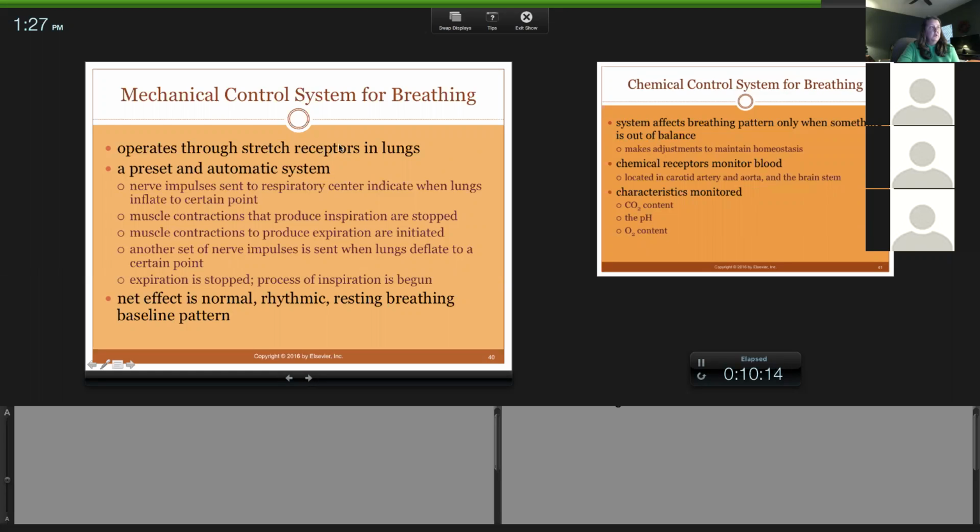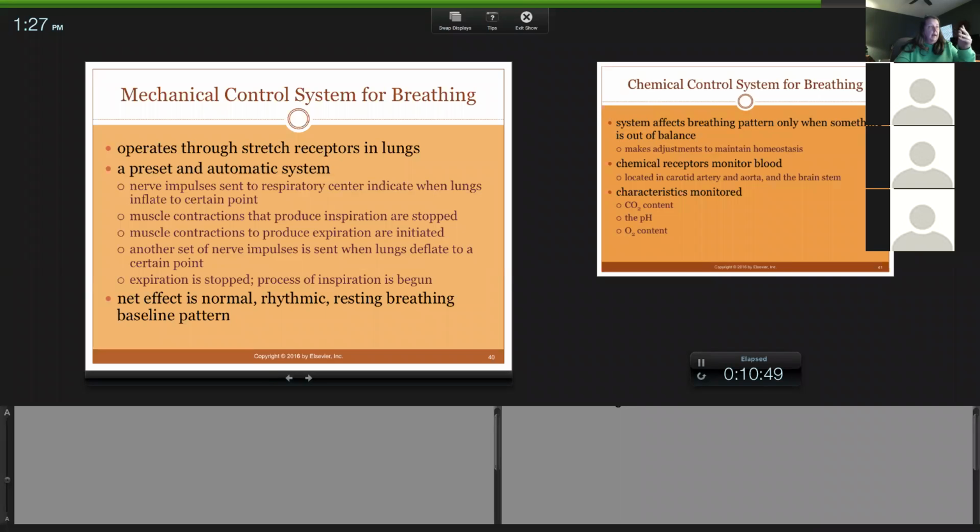This is where we get into mechanical and chemical components of breathing. When we talk about mechanical, think about movement. That's the actual inflating and deflating of the lungs, actual mechanical movement. Now, you've heard me talk about stretch receptors before. Hopefully you remember this. On the surface or within the lungs, there are receptors that are linked to the brain, the nervous system, and they are monitoring the size of the lungs.